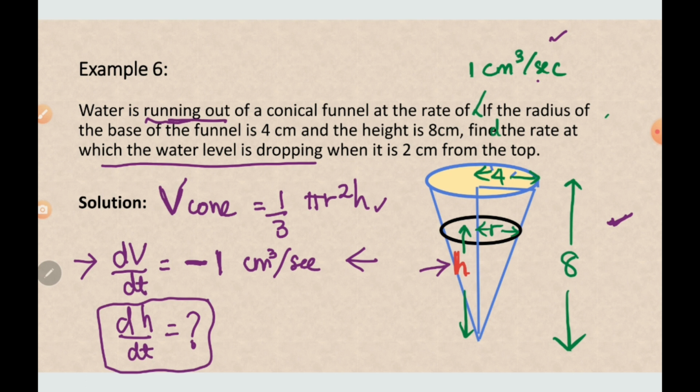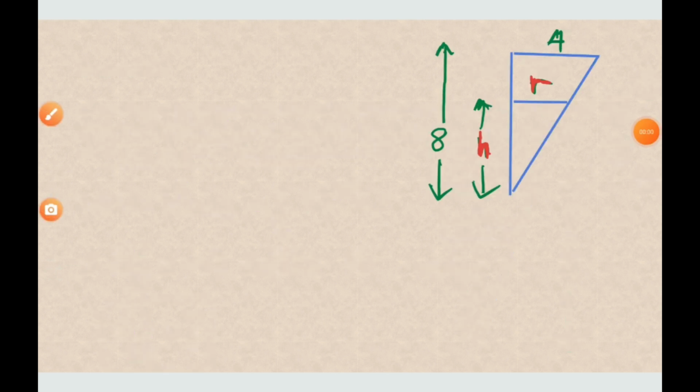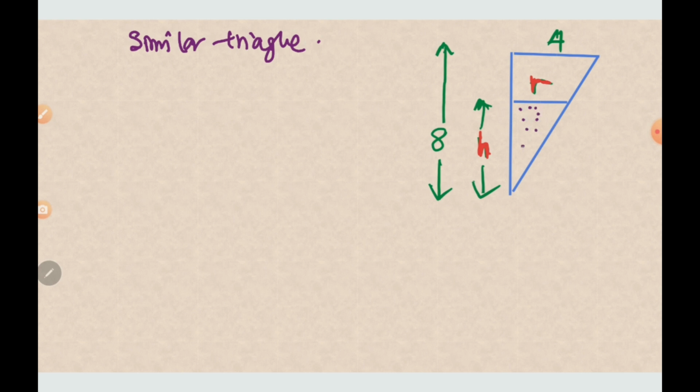Okay, now we can start answering the question. Now by using the similar triangle, if this is the level of the water at any time t, then we can use the ratio here.